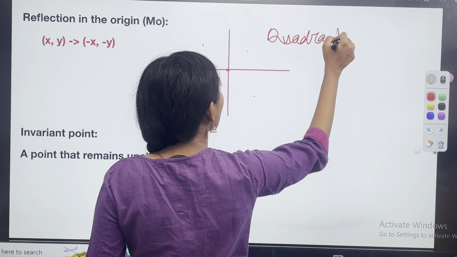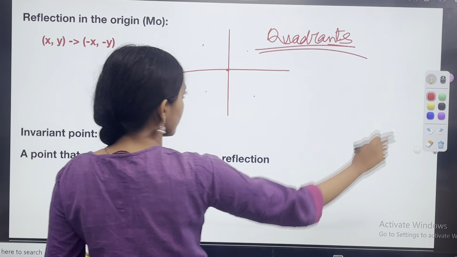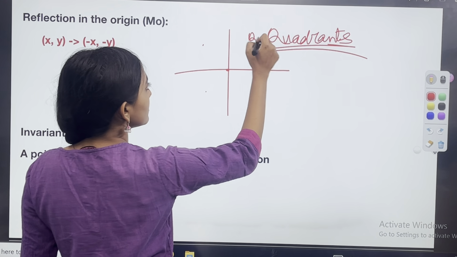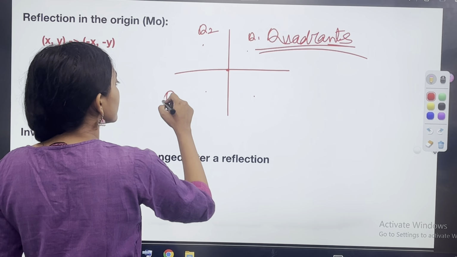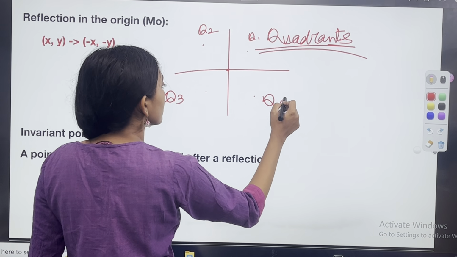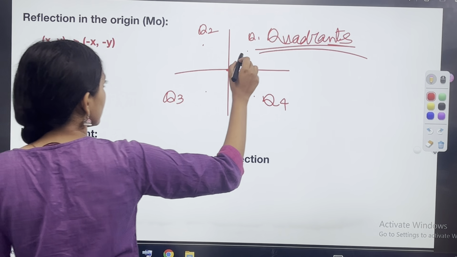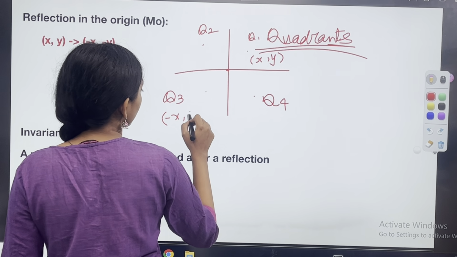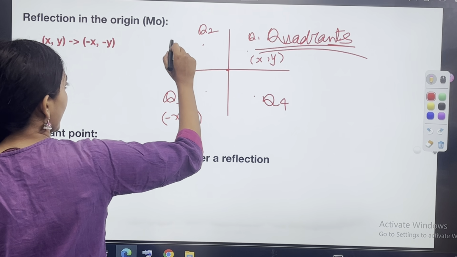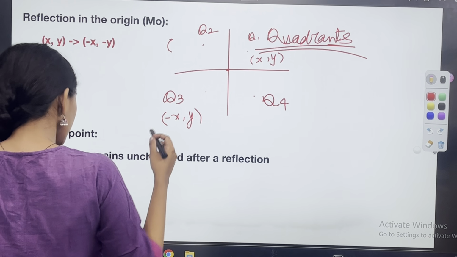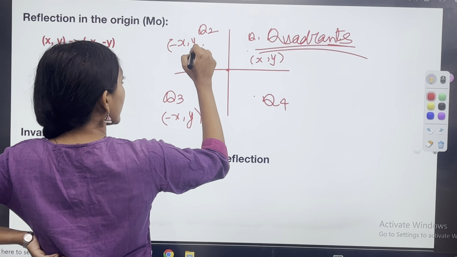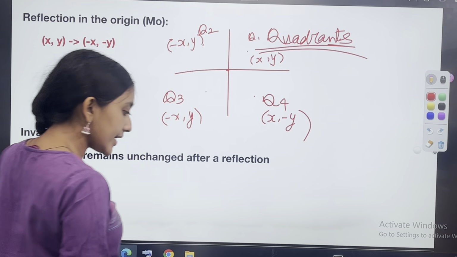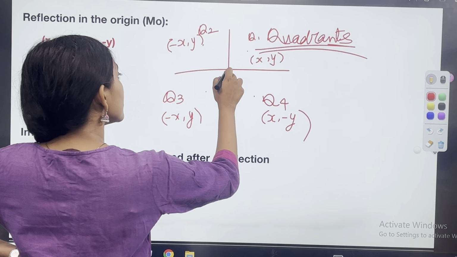So you have quadrant 1, quadrant 2, quadrant 3, quadrant 4. So it completely changes sign. Here you have x comma y. Here you have minus x comma minus y. Here you have minus x comma y. Here you have x comma minus y. Right? So this is what happens along the origin.